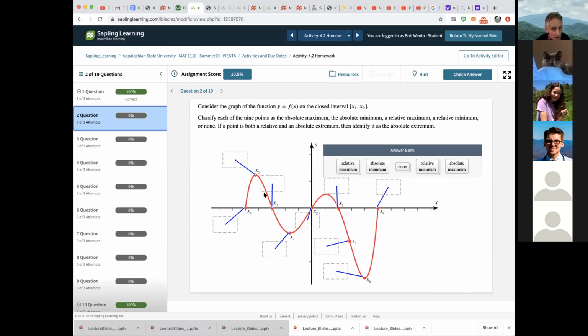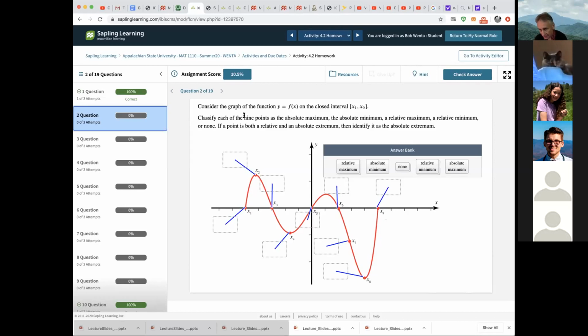Notice they're both closed dots there at x1 and x9. Classify each of the 9 points as absolute max, absolute min, relative max, relative min, or none. If a point is both relative and absolute, they're reconfirming here that it can be both an absolute max and a relative max.